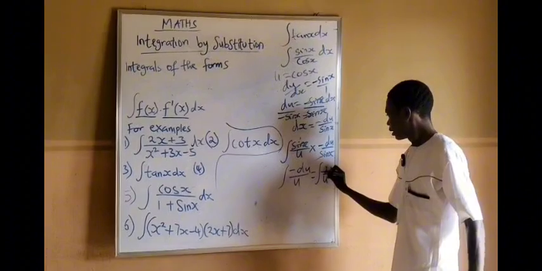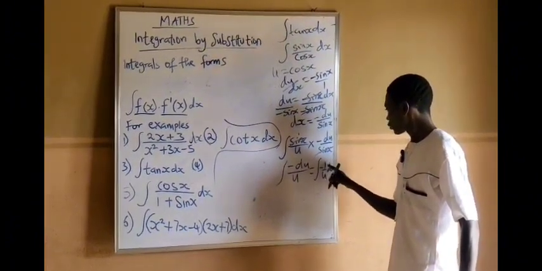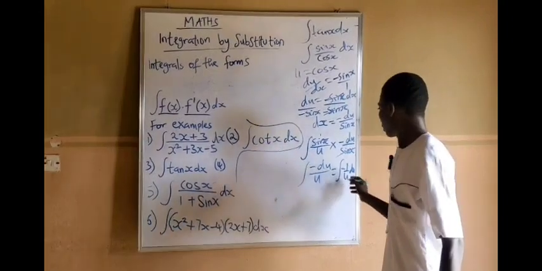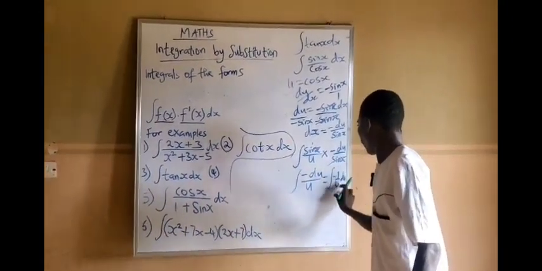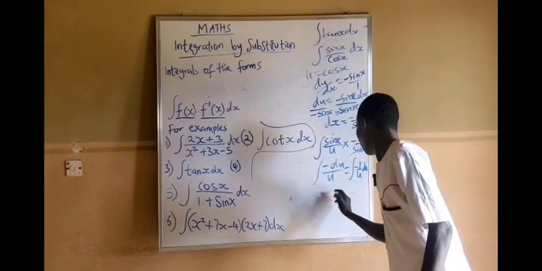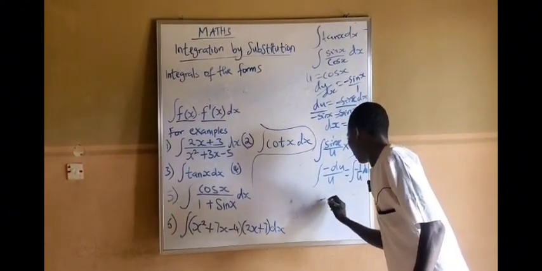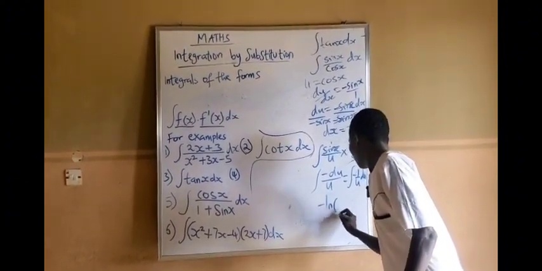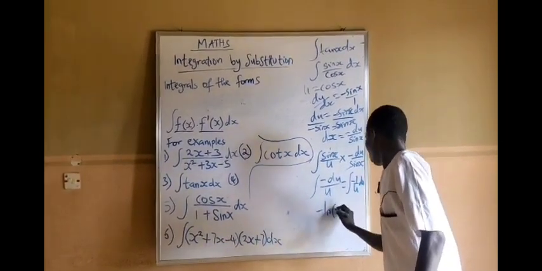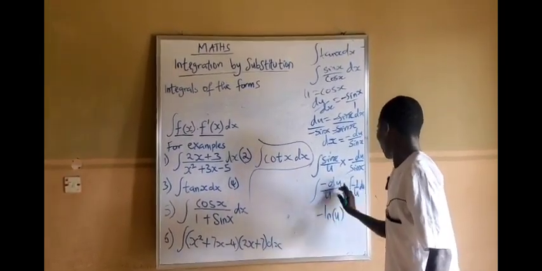Of course, you know that if you use this minus 1 to multiply du, it will still give you minus du. So you can bring the minus outside.